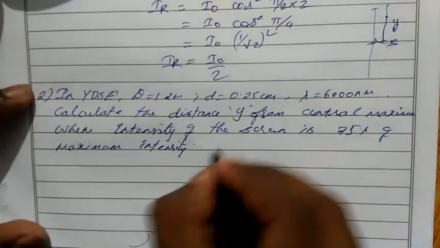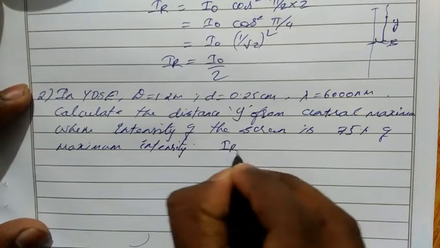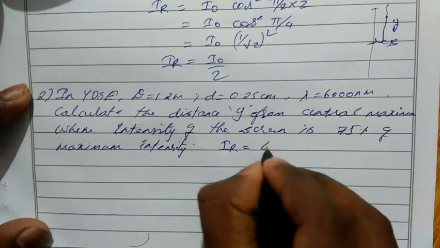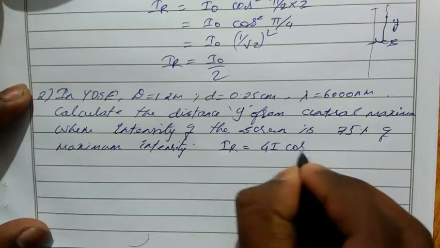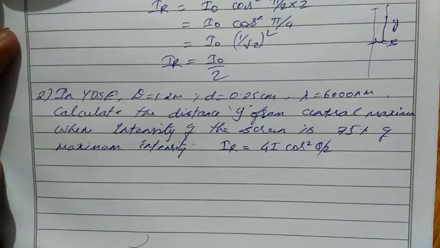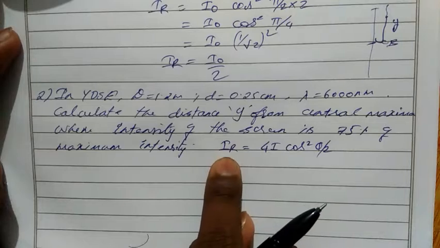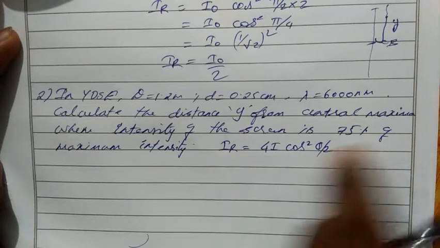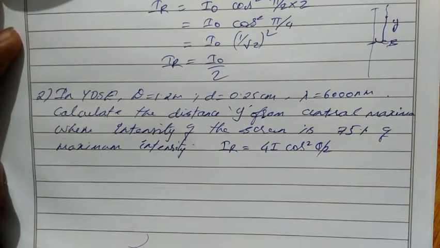So we have to calculate this y. Okay, first write the intensity formula. IR equal to 4I cos square phi by 2. So what's the maximum intensity? Which is given 75% of maximum intensity.